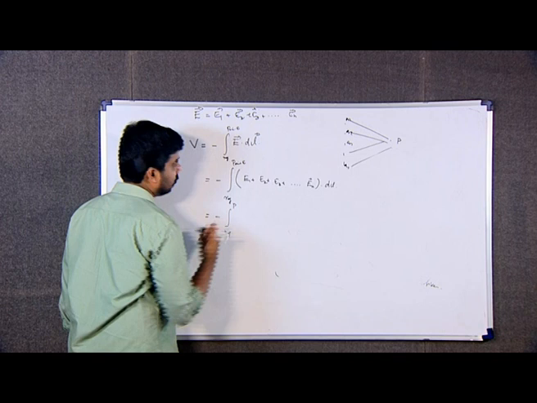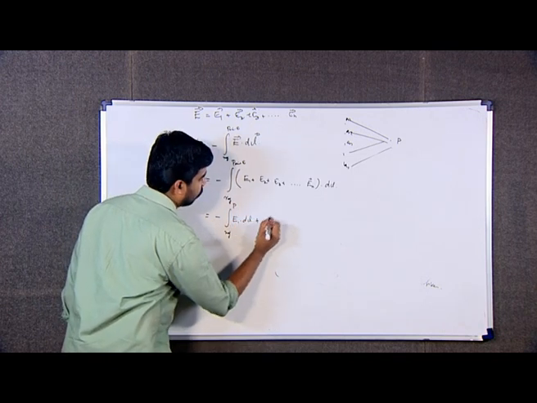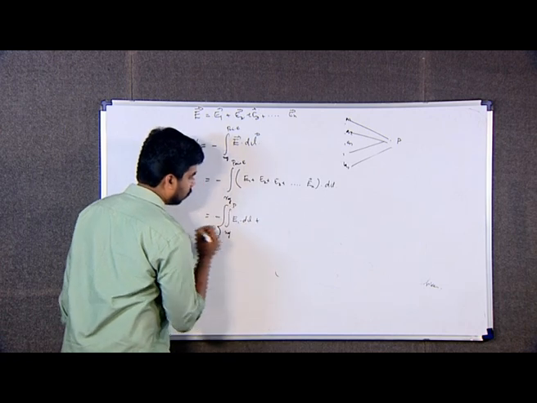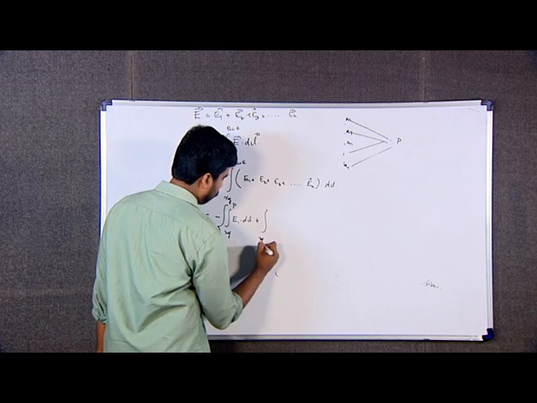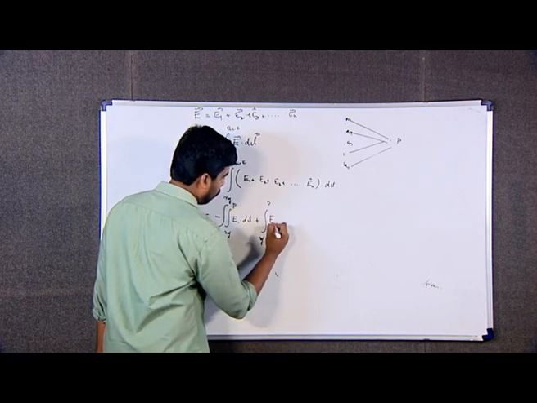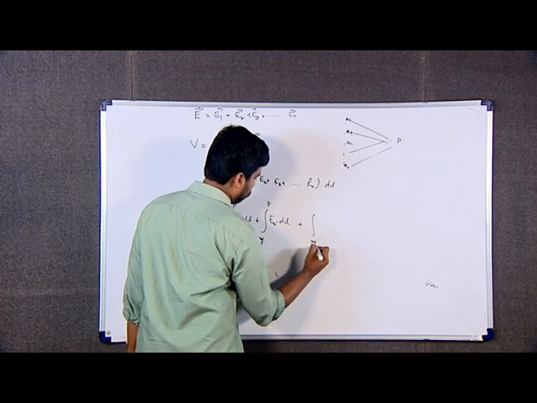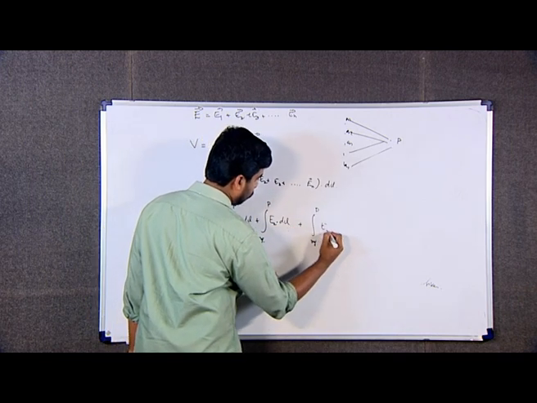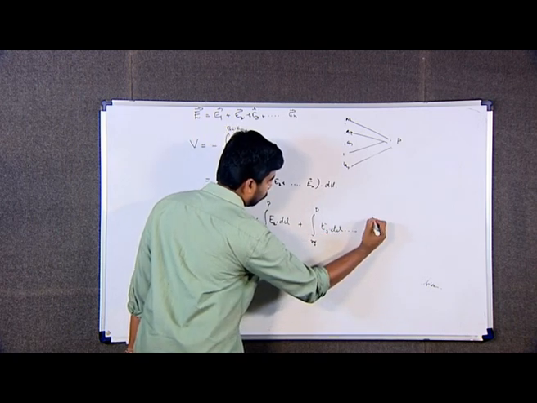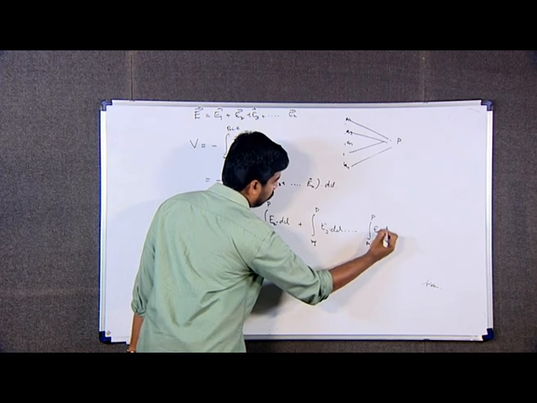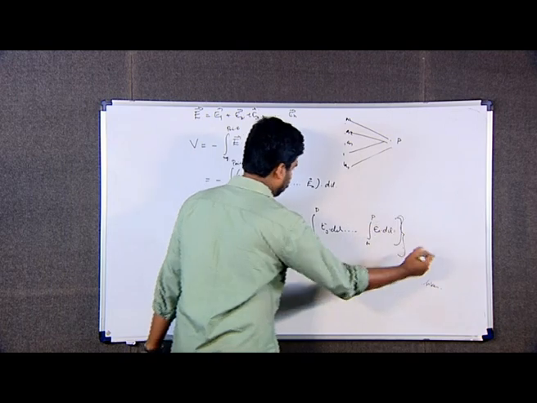Now, I can split these terms and I will get it as integral from the reference point to the point P of E1 dot dl, plus, this minus is a common factor so I can take this outside, the integral from the reference point to the point P of E2 dot dl plus integral reference point to the point P of E3 dot dl up to En dot dl. Now, we will close this bracket.